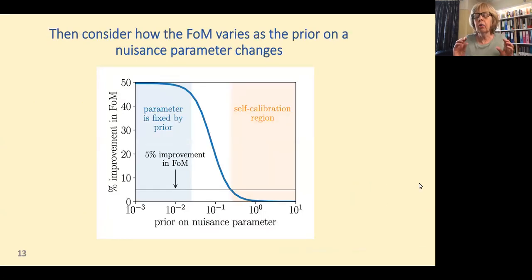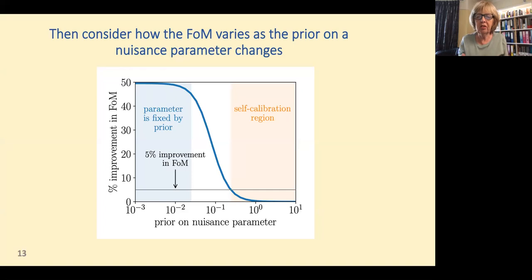Now, the way that we use this information, where we use the figures of merit, is to consider what happens to them when we vary the priors on our nuisance parameters. And in order to self-calibrate, we don't want to have a prior, or we want to have a wide prior on our nuisance parameters. But nevertheless, we don't want to lose too much information.